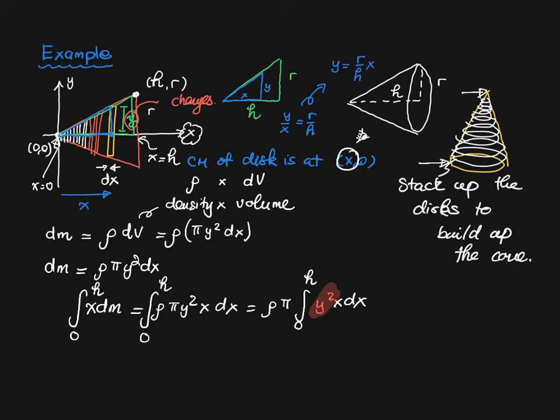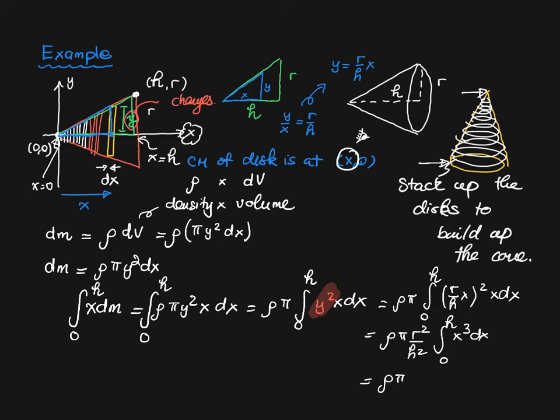We are going to plug this into this integral, so we have rho pi integration from 0 to h, and we have r over h times x squared times x dx. So we have rho pi r squared over h squared, the integration of x cubed dx from 0 to h, and this is rho pi r squared over h squared, x to the power of 4 divided by 4 from 0 to h.